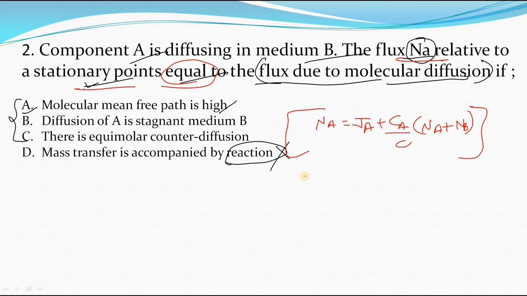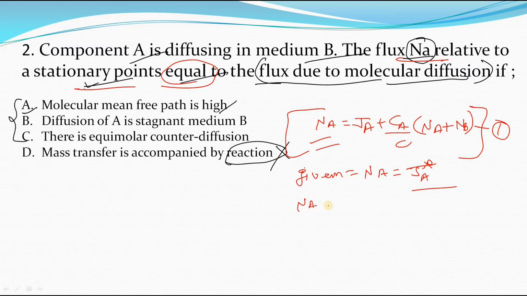Now what we have been given is that Na is equal to Ja, suppose I write here Ja star, right? Now what can I do? I can simply put this equation into that equation. Suppose this is equation number 1, then what will be the result?